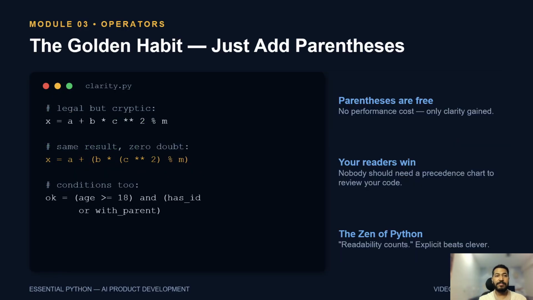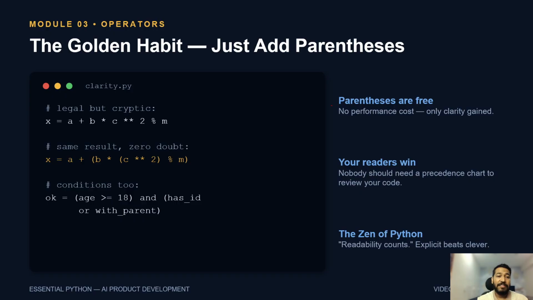Okay, the golden habit. With respect to any expression, it's better to use parentheses. See, parentheses are free only, right? And there's no performance cost. I mean, we are not using them at the cost of performance. That is not the case, right? And neither is it increasing a lot of space complexity as well. So you need not bother about the space complexity and the time complexity.